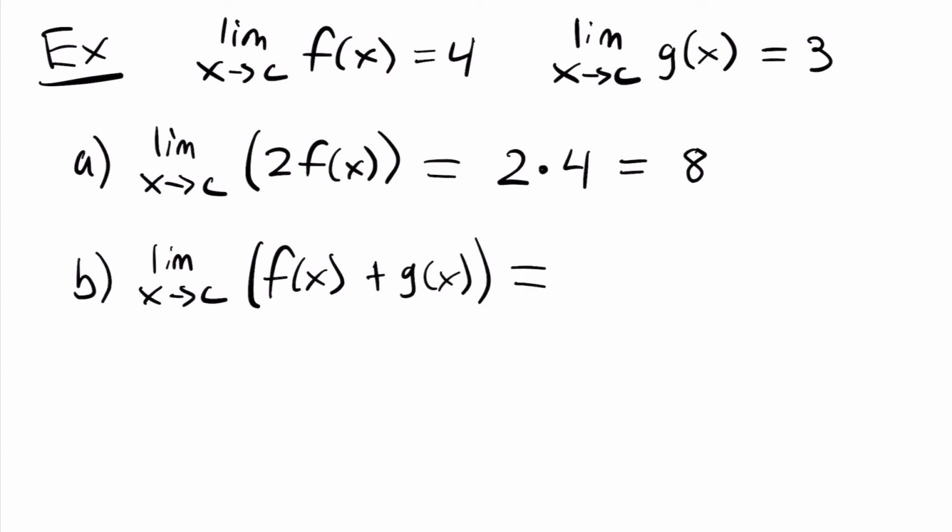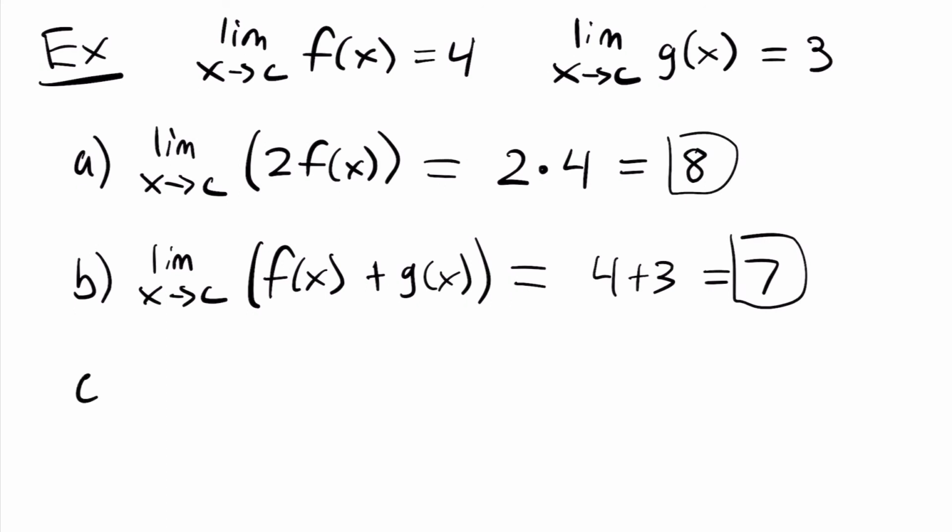And our second property tells us that we are able to add the two limits of these functions together to get the limit of that function, right? So in order to find the limit of f of x plus g of x, we can just add the limits of f of x and g of x. So in this case, it would be 4 plus 3, which equals 7.